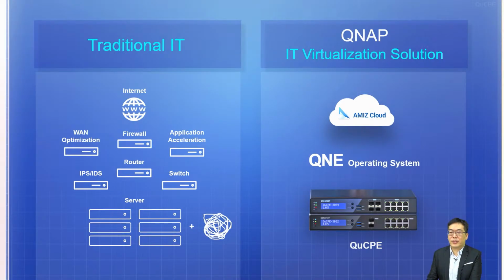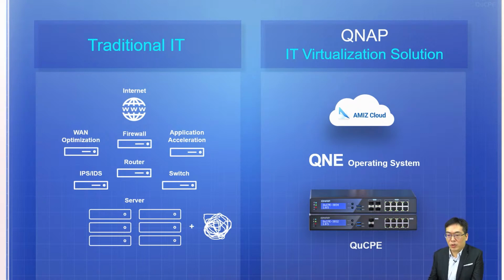And here is a very simple topology diagram to show you the difference between the traditional IT infrastructure and the QNAP IT virtualization solution. You can see in the traditional IT world, there are a lot of physical appliances, from the firewall and router and IPS, IDP, switch and WAN optimizer, and of course a bunch of servers inside the IT infrastructure.